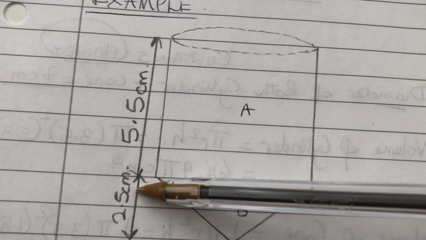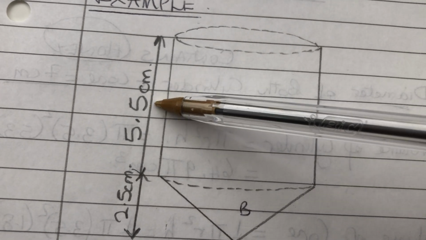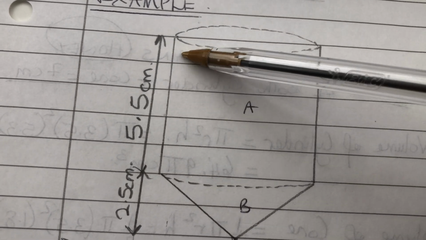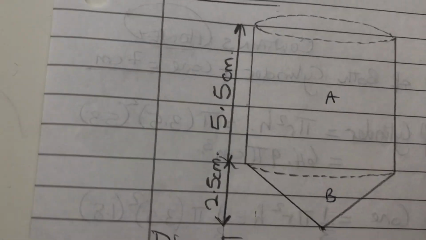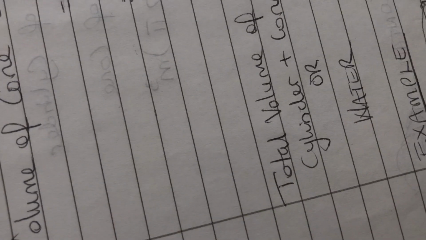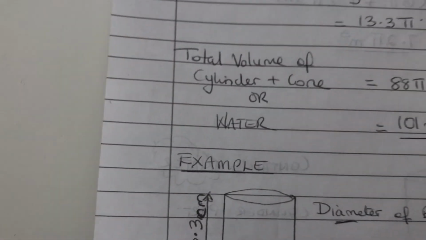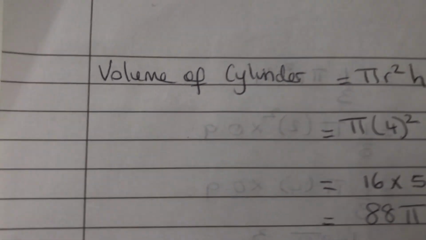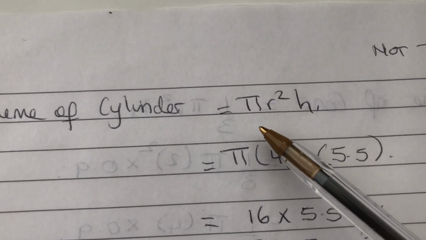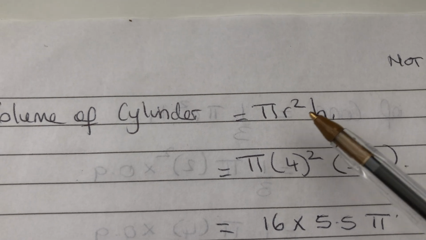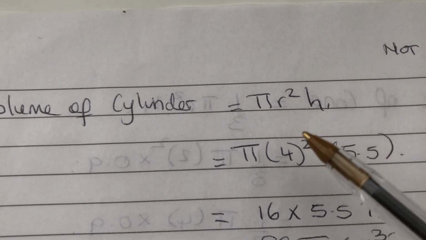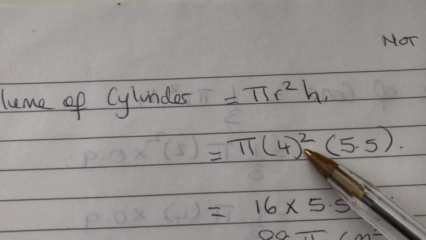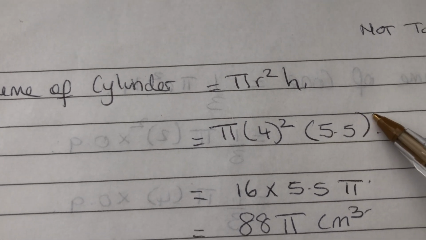The cylinder part, the height is 5.5 centimeters. If we use those figures, our cylinder formula is pi r squared h.